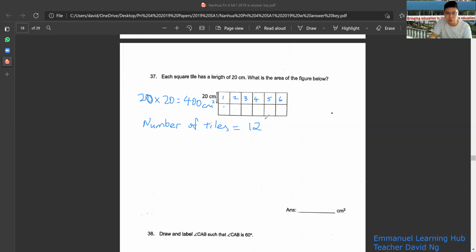Yes, 400 times 12. So what's the area? What's 400 times 12?